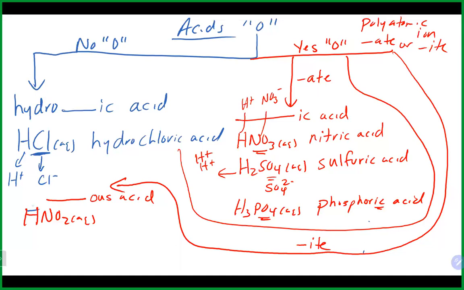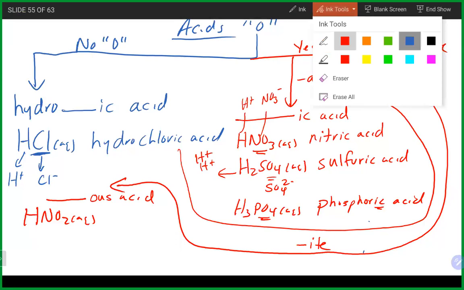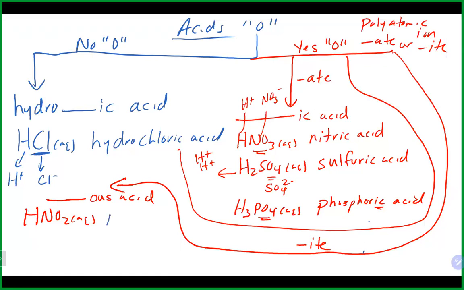And that means that this acid should then be called nitrous acid. H2SO3. SO3 2 minus is sulfite, which means this should then become sulfurous acid.